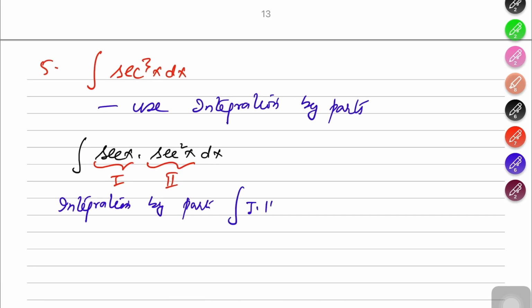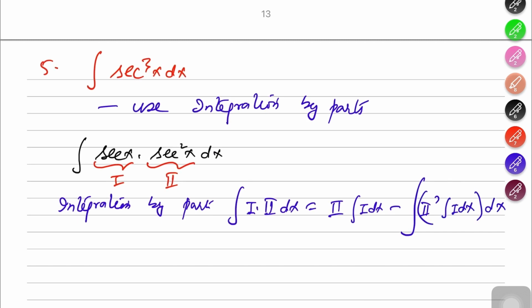So in the integral of first function times second function dx, one of the functions will be integrated and one of the functions will be differentiated. So the integration by parts formula is: one function remains as such, the other function is integrated, then minus the total integration of the derivative of the first function times the integral of the second function.